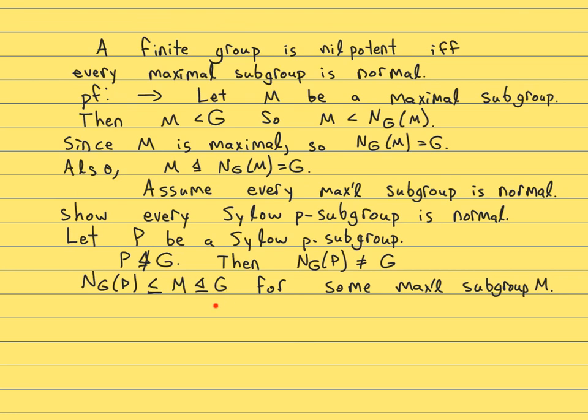In order to use this condition, you have to be assuming it's not all of G. So it's important that you actually have to do this proof by contradiction. I can't find a way to avoid it.